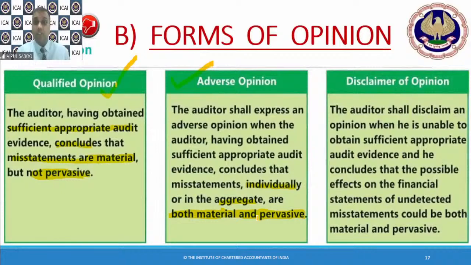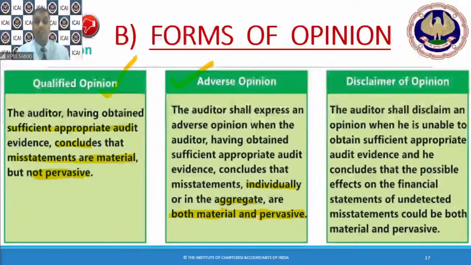In the case of qualified opinion, let us take the example of depreciation. You have calculated wrong depreciation. It has affected the balance of fixed assets and the profit credited to revenue and reserves. This is a material misstatement, but it is not affecting any other account. It is just affecting the balance of fixed assets and the reserves.